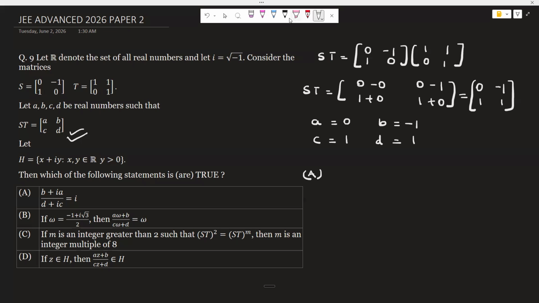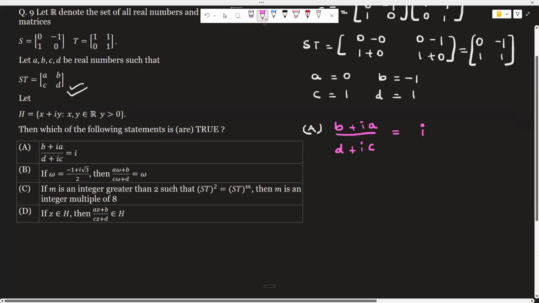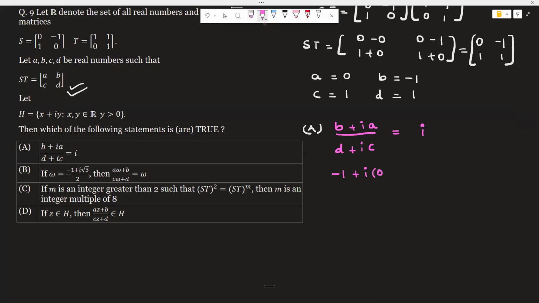Okay, first we will verify option A. What it says: (b plus ia) divided by (d plus ic), whether it is equal to i or not, we will verify that. So b value is -1 plus i into 0, divided by d value 1 plus i into 1.